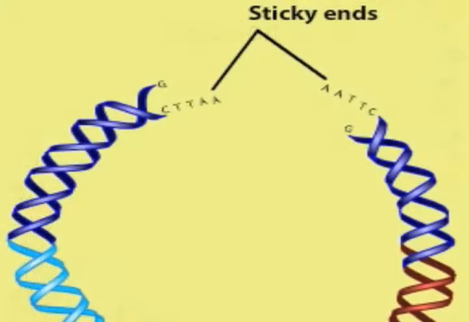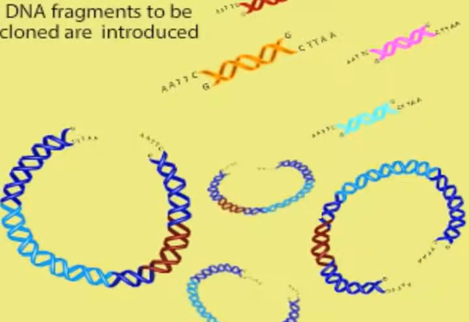So here in the test tube, we have the plasmid with sticky ends. Now in that test tube, we add the DNA fragments, that is the insert. Now here you can see both the vector and the insert are digested by the same enzyme, that is EcoRI.